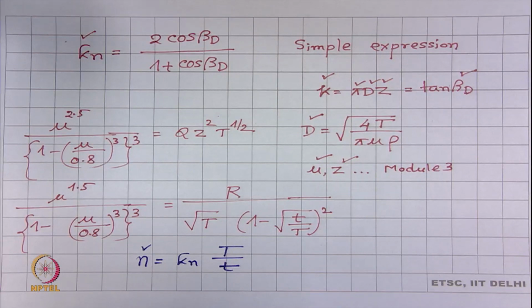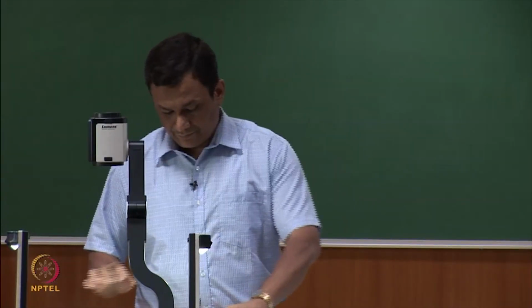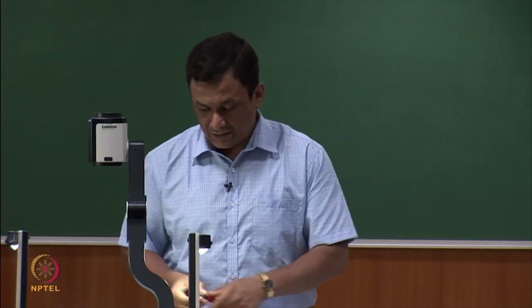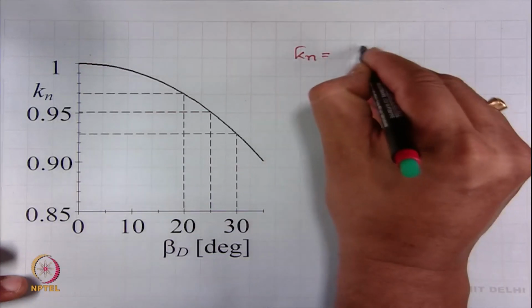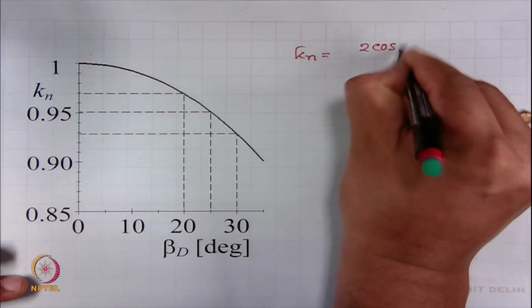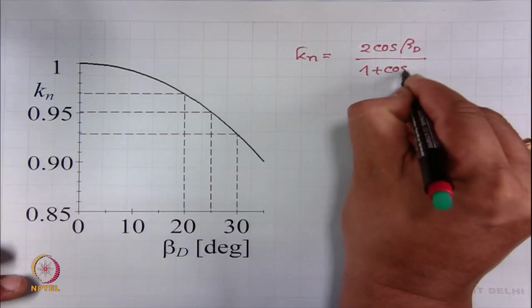Right. So, now we will go and talk about the behavior of this expression. What expression? K n is equal to 2 times cos beta d by 1 plus cos beta d.